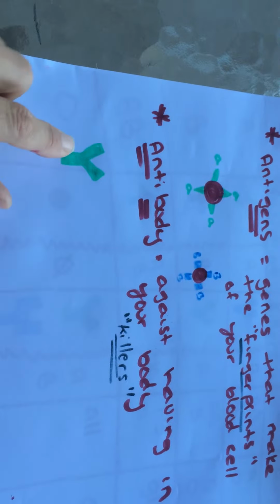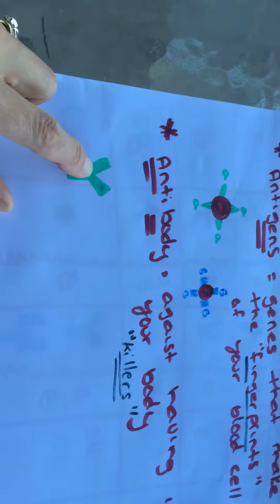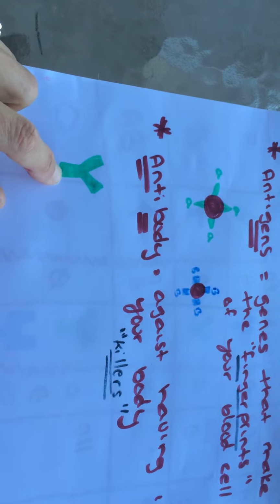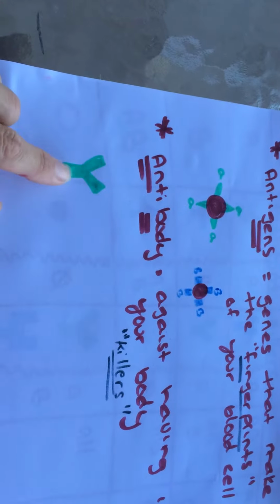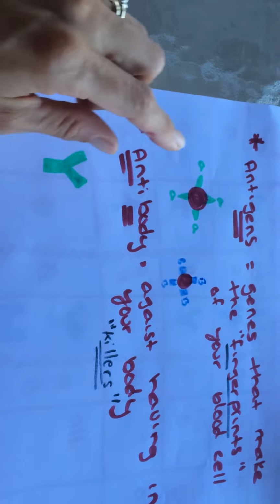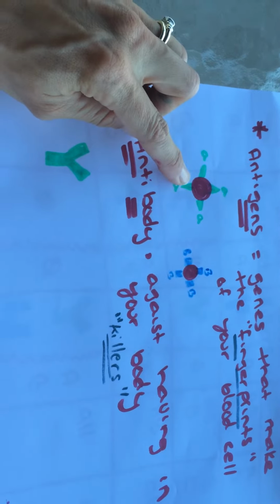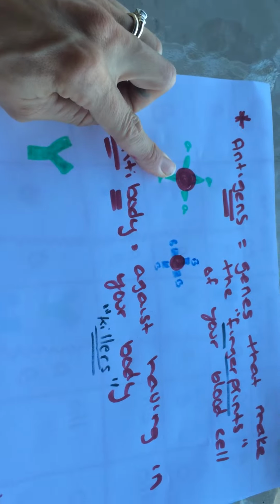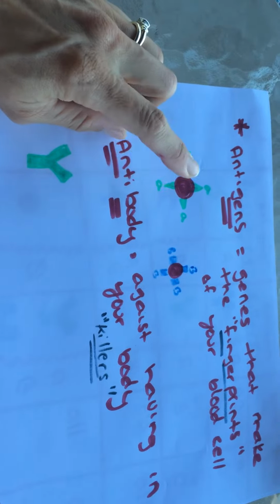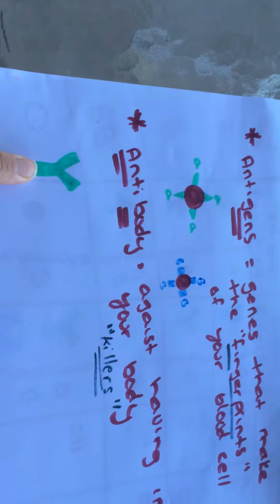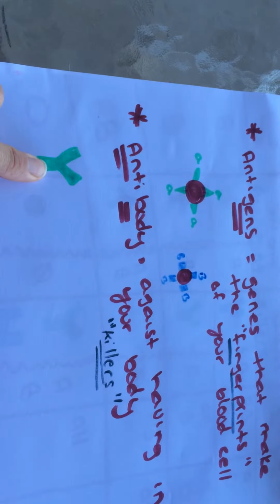Now you'll notice this antibody shape is triangular and green. That means that this antibody has a molecular match to this antigen that's on a type A blood cell. Therefore, if I combined my blood with this antibody, this is a molecular fit.